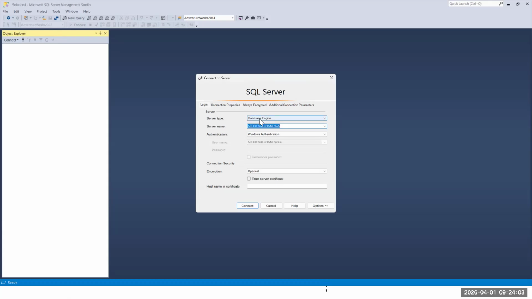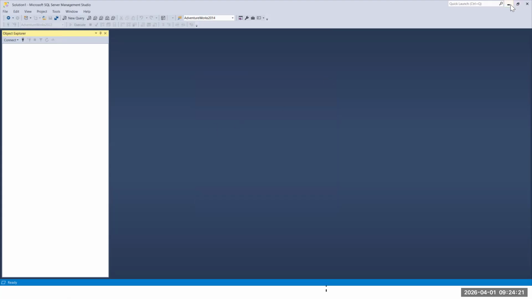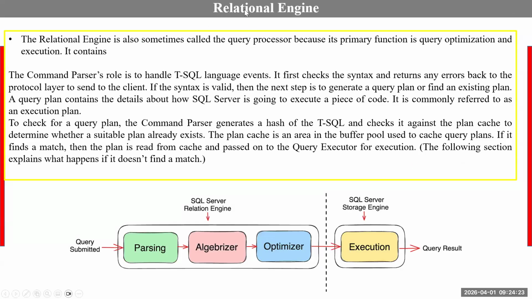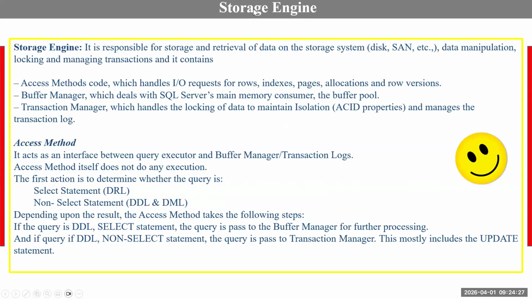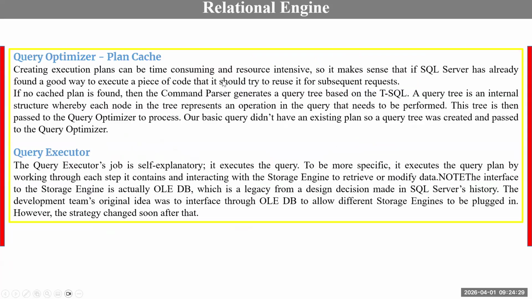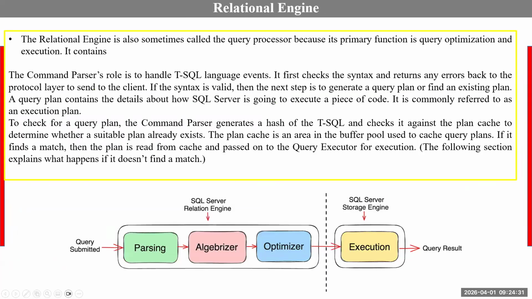This is our primary component, where everything is processing: your query, security management, locking management, everything is done by the database engine only. Under the database engine, there are two engines: the relational engine and the storage engine.